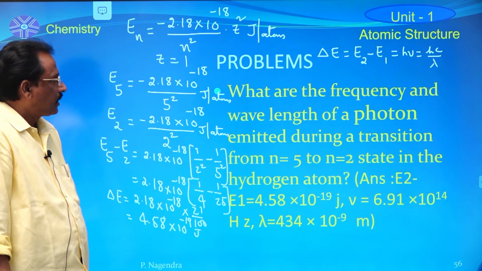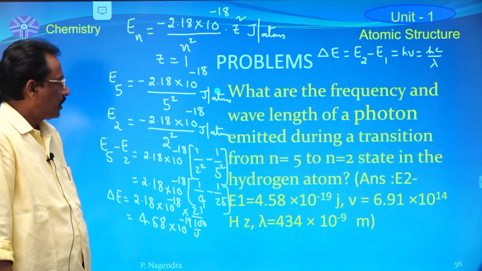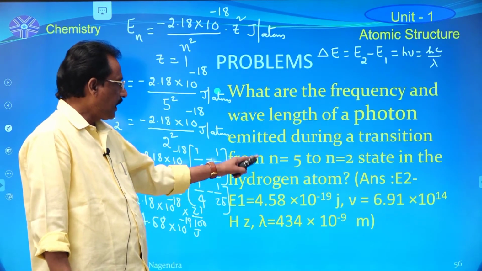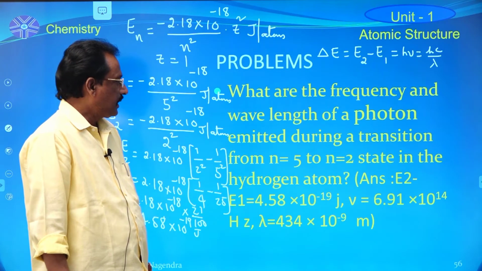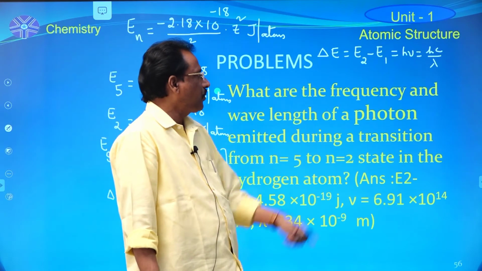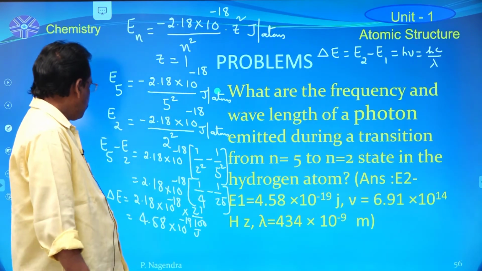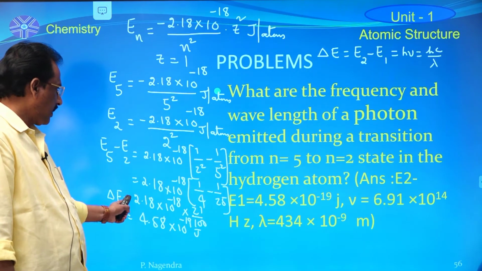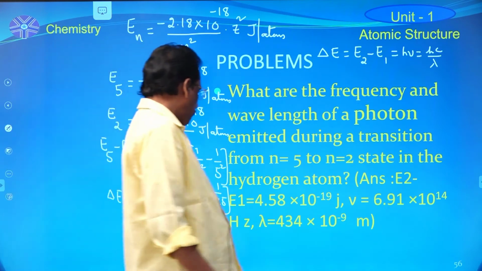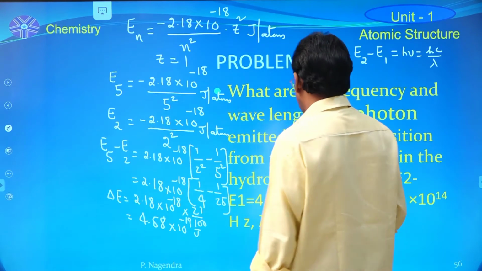Apply one of the assumptions in Bohr's theory of the hydrogen atom: the change in energy between the energy states is equal to h nu or hc by lambda. So, delta E is equal to 4.58 into 10 power minus 19 joules.